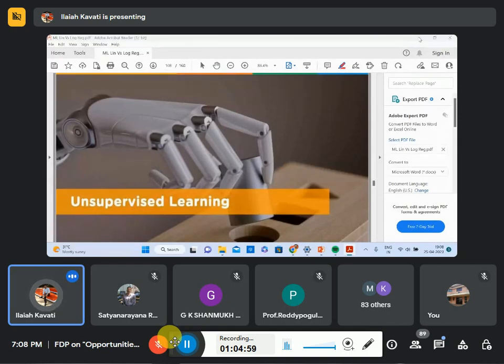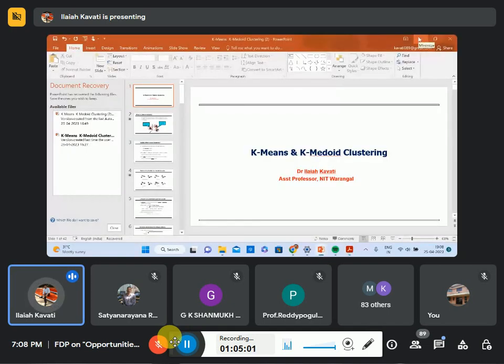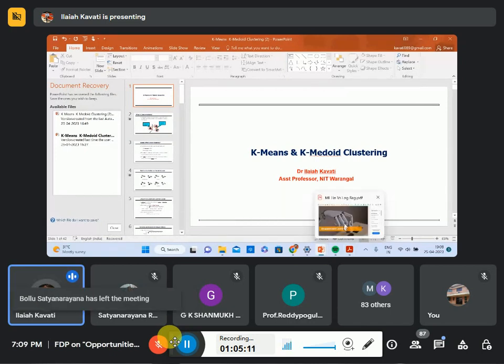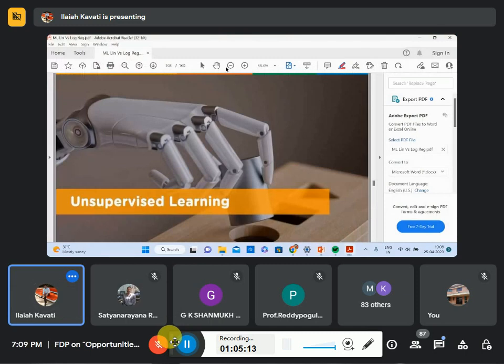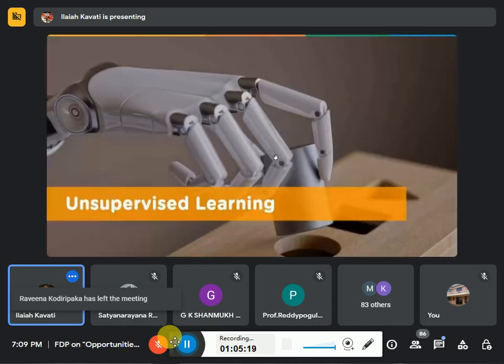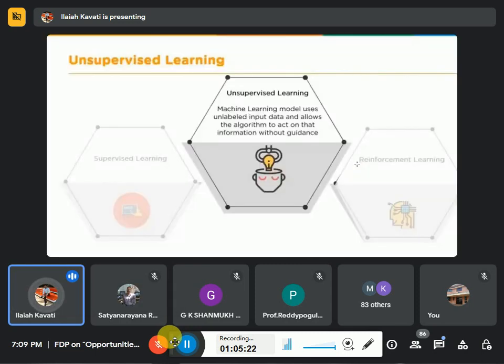If there is no question, then we'll move on to clustering, that is unsupervised learning. With unsupervised learning, the machine learning model uses unlabeled input data.